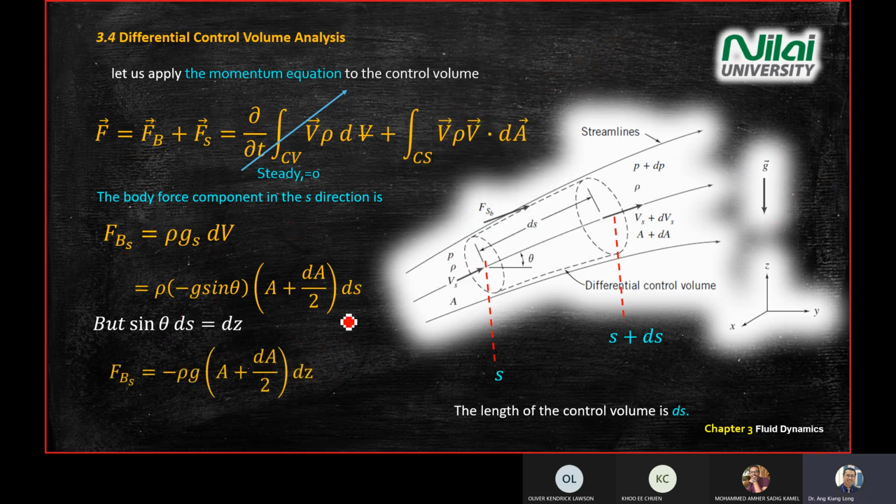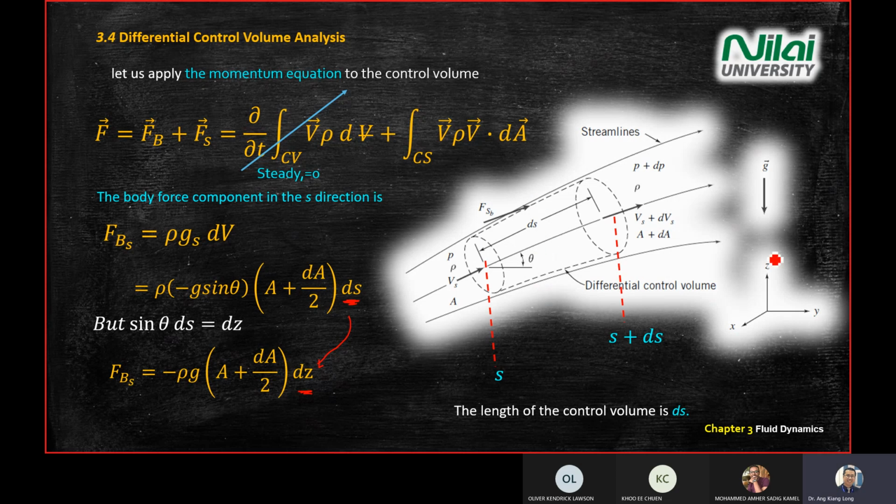Then you change the ds term into a dz term. Because in real life it is very difficult to actually monitor the ds, but you can monitor the dz, right?